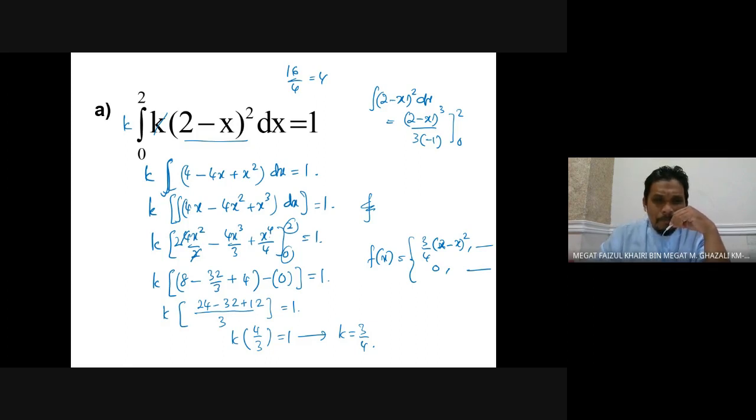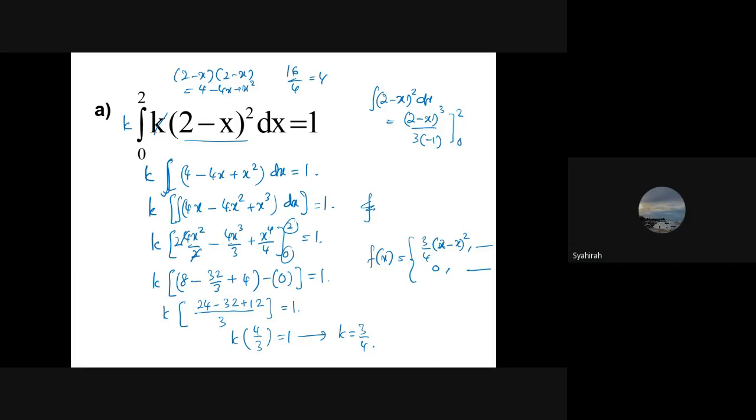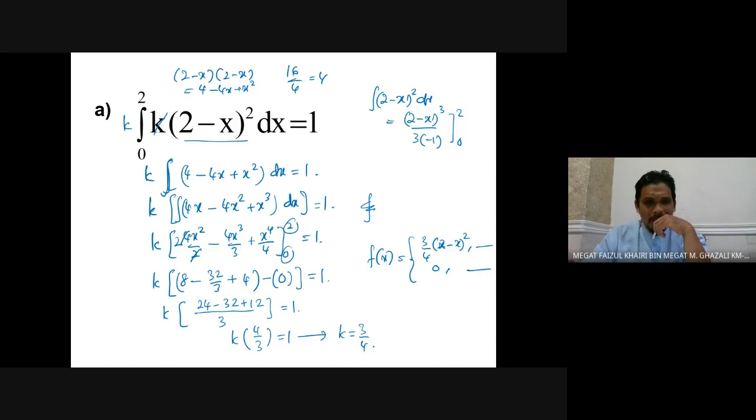Saya tak perasan. 2 minus x and 2 minus x: 4, negative 2x, negative 4x plus x squared. Kelas, hello?